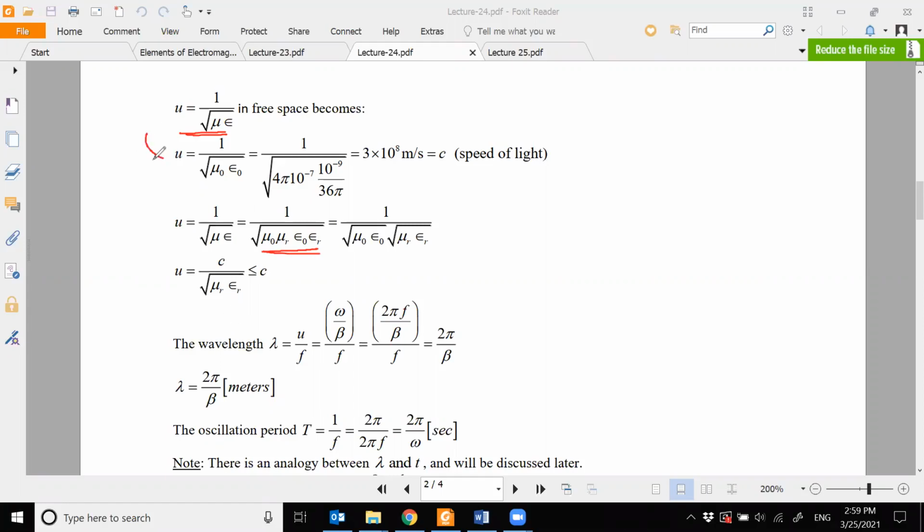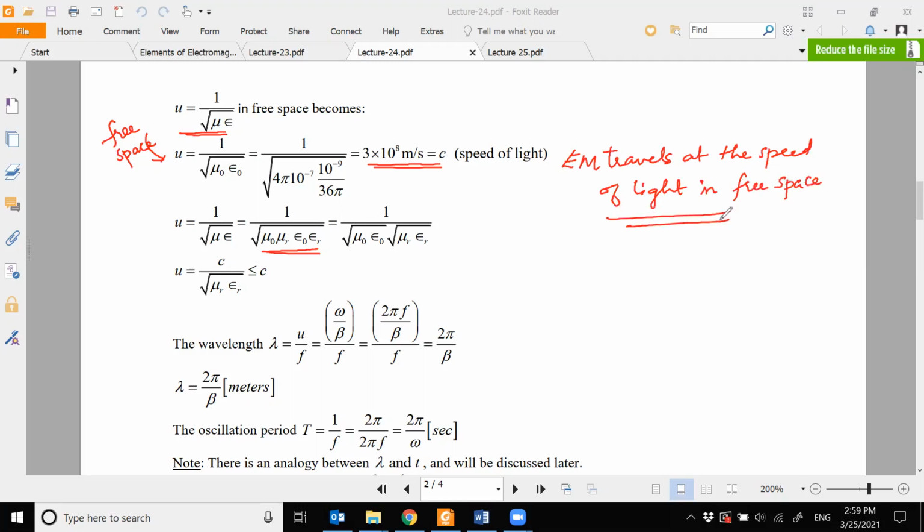And this is for free space. For free space, we know mu is mu 0, epsilon is epsilon 0. If you substitute these constants, you will get the speed of light. That means my electromagnetic wave travels at the speed of light in free space.